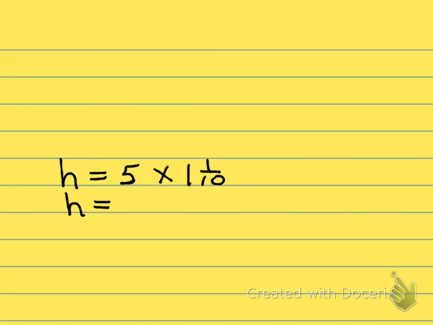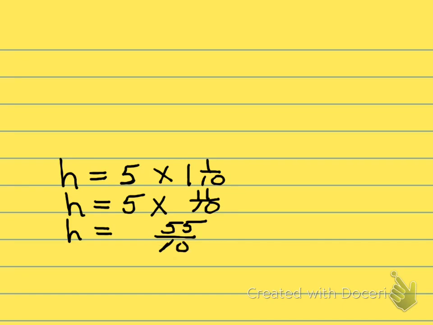H equals 5 times, I'm going to convert my 1 1/10 to a fraction greater than 1, 11/10. Then I'm going to go ahead and multiply. H equals 5 times 11 is 55/10.